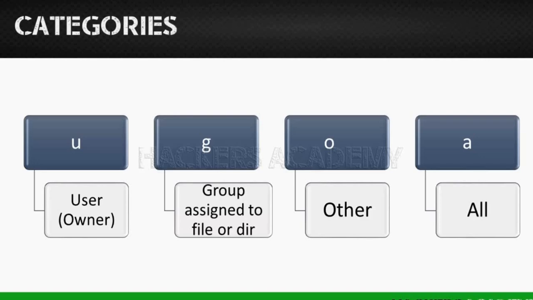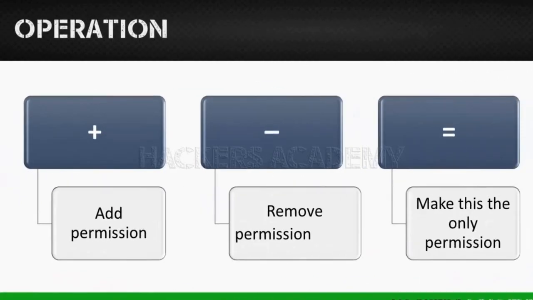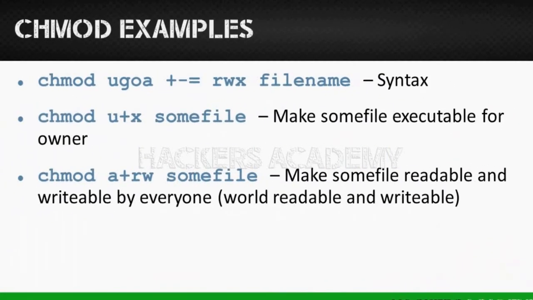Now, if we want to change permissions, we can do that using three operations. We can either use the plus sign to add permissions, the minus sign to remove permissions, or the equal sign to specify that this is the only permission that I want. And we do that using the chmod command, which is short for change mode.